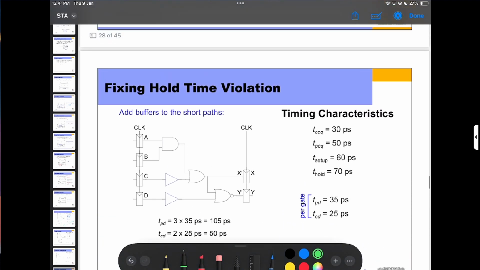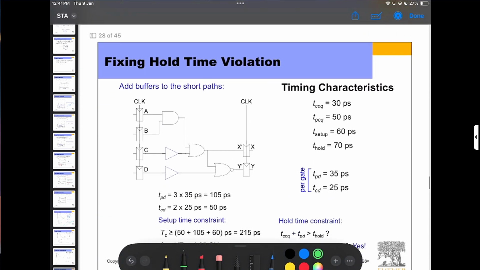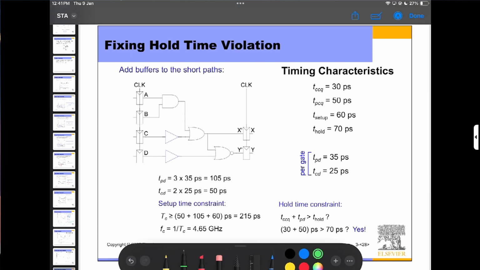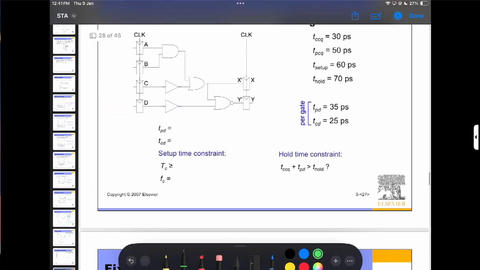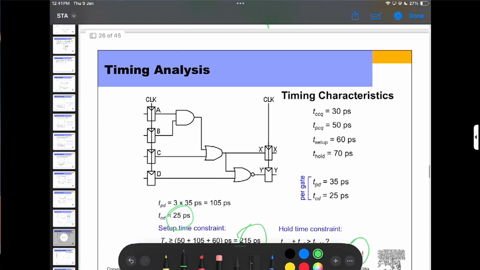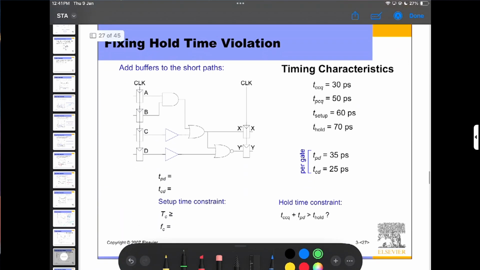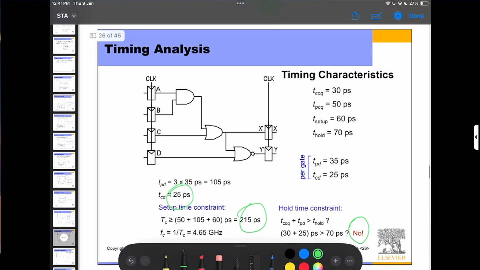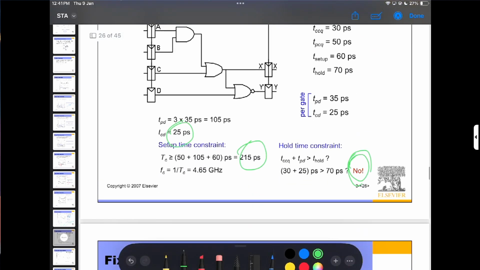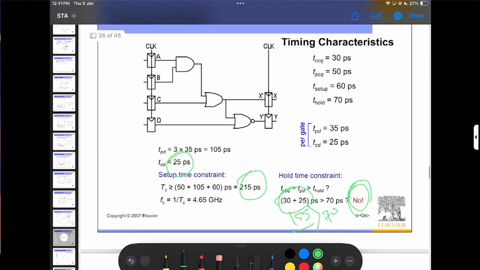Let's see what it is doing here. Add buffer to the short path. Okay, add buffer to the short path. So this is 1570, this is not like 55 or something like that.